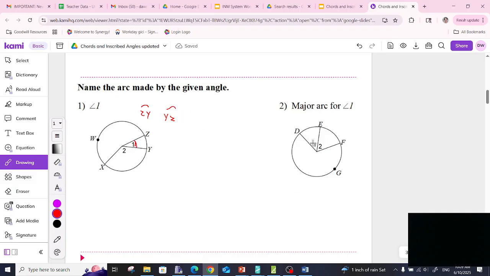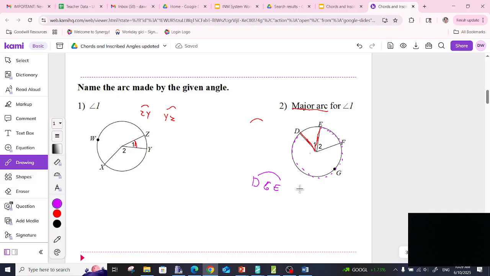Now, it wants the major arc for angle 1. So if here's angle 1 and major arcs are greater than 180, right? What would I call this? What would be a name I could call the major arc, which would be all the way around? The major arc of angle 1 would be DGE, right?